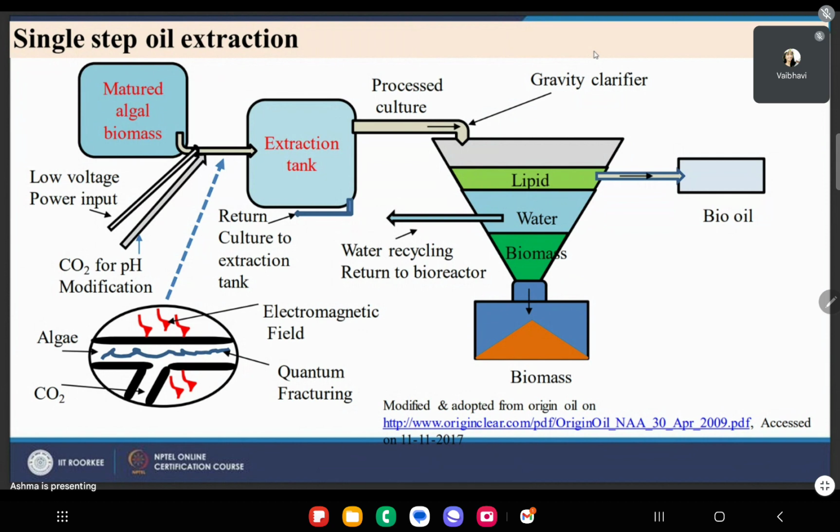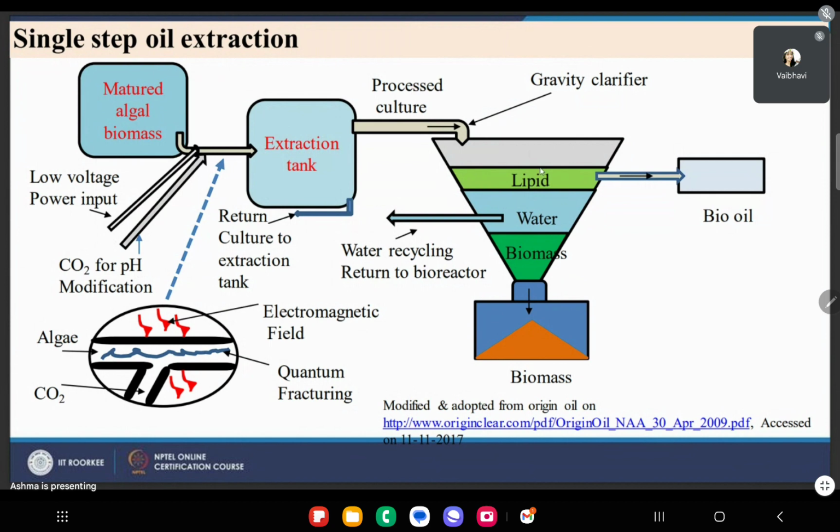So here a single step oil extraction is shown, where the matured algal biomass is passed through a pipe where some low voltage power is applied, and because of this voltage, the lipid and the biomass are separated. The lipid is released from the algal biomass, and in the extraction tank we have the algal biomass along with the lipid.